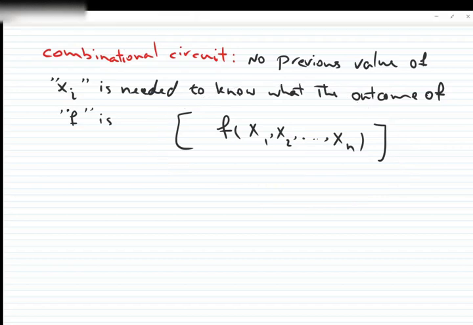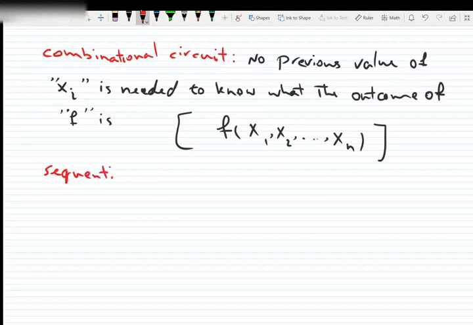The next type of circuits we have in logical design are sequential circuits. Unlike combinational circuits, the output of f depends on the value of xi, the value of the variable at the present and the past.